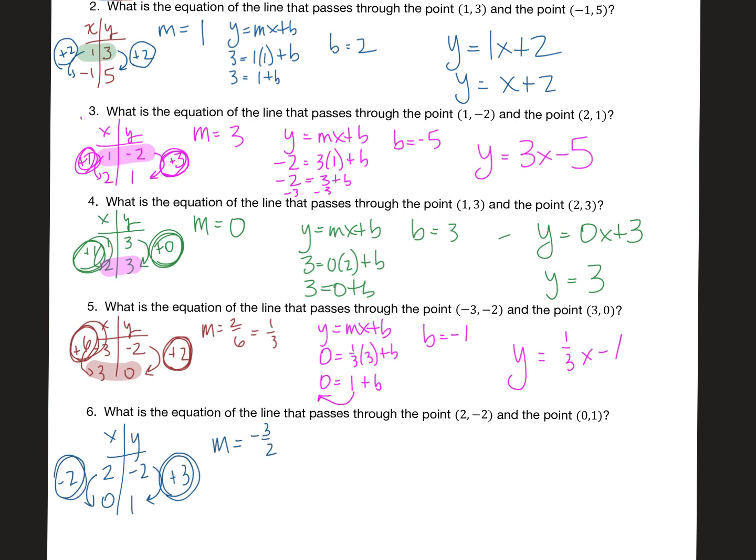And do you remember when we did tables yesterday, if we had a 0 in the x part, then this number was the y-intercept? So this one's actually pretty nice. I already know right now, no computation necessary, that b is 1. So here's the equation. Y equals -3/2 x plus 1.